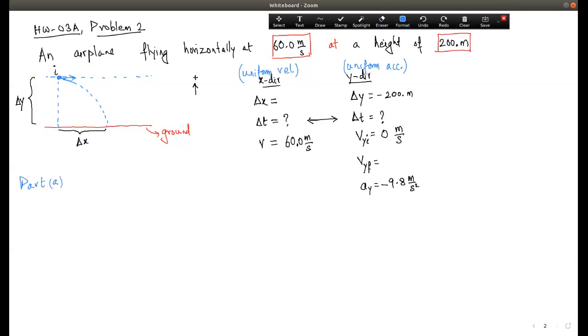In part A, we're not really asked to find the velocity itself. It is just a concept question. It's asking how the horizontal component of the velocity changes. We have already said that this is uniform velocity, so it does not change.